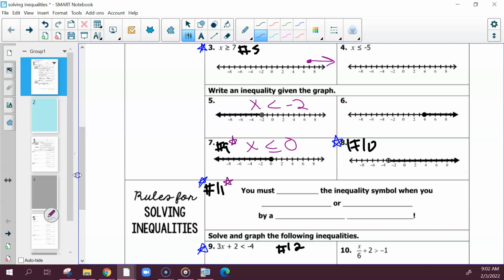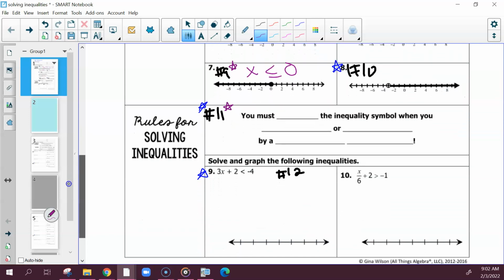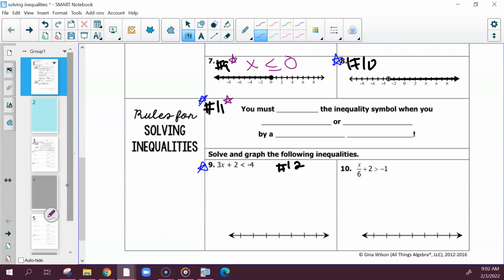Now we're going to actually get into the solving aspect of this. First, you must flip or switch the inequality symbol when you multiply or divide by a negative number.